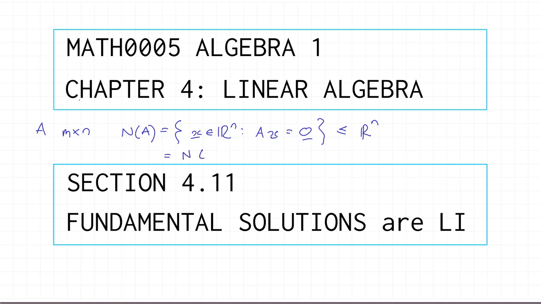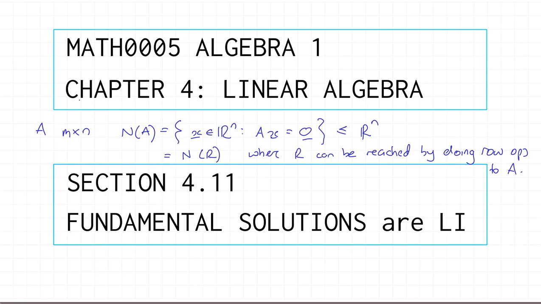So this is the same as the null space of R, where R can be reached by doing row ops to A. In particular, R could be a row reduced echelon form matrix, and we know how to read off the solutions to Rx equals the 0 vector when R is in row reduced echelon form, because we learned about fundamental solutions. Now, in fact, what is true is that the fundamental solutions are a basis for the null space of R, and hence for the null space of A, because those two things are equal.